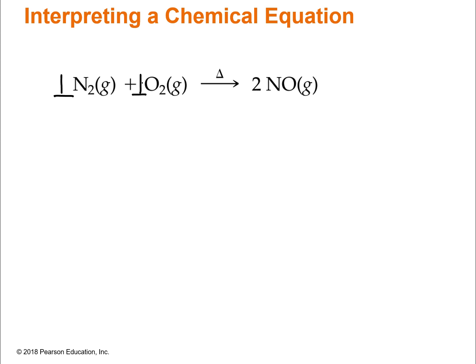So I could interpret this equation as 1 molecule of nitrogen gas plus 1 molecule of oxygen gas combine, and they're heated, to make 2 molecules of nitrogen monoxide.